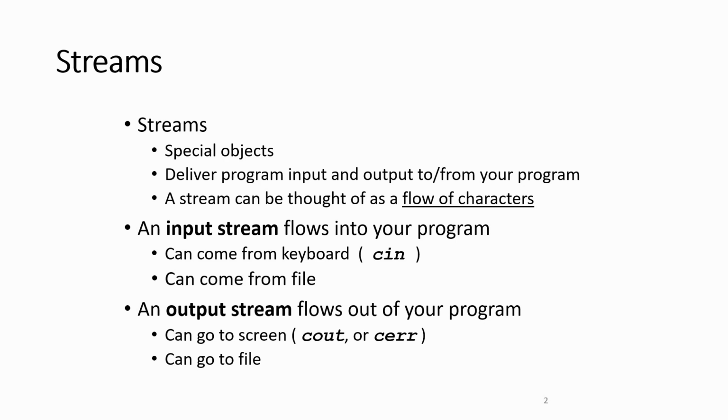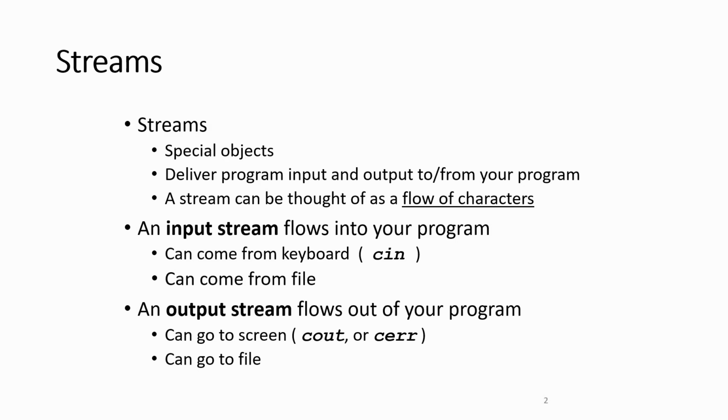A stream can be thought of as a flow of characters, like a string that would just go from your program into an external object, which can be the console or it can be a file. Or it can flow from your keyboard into your program, or from a file into your program.